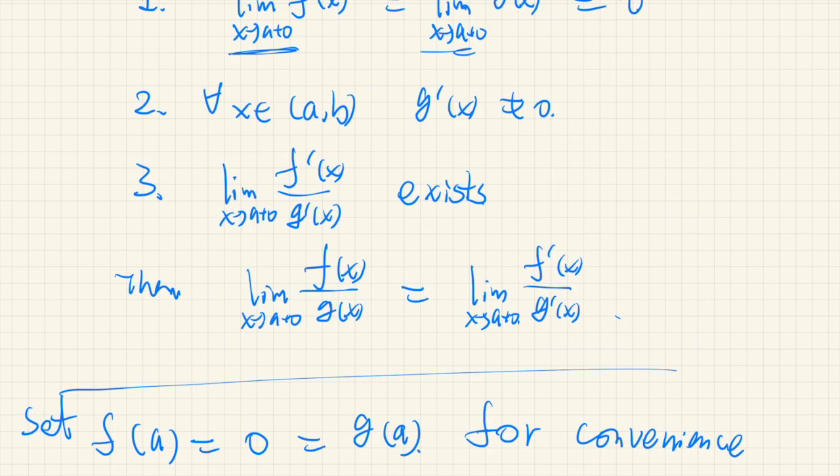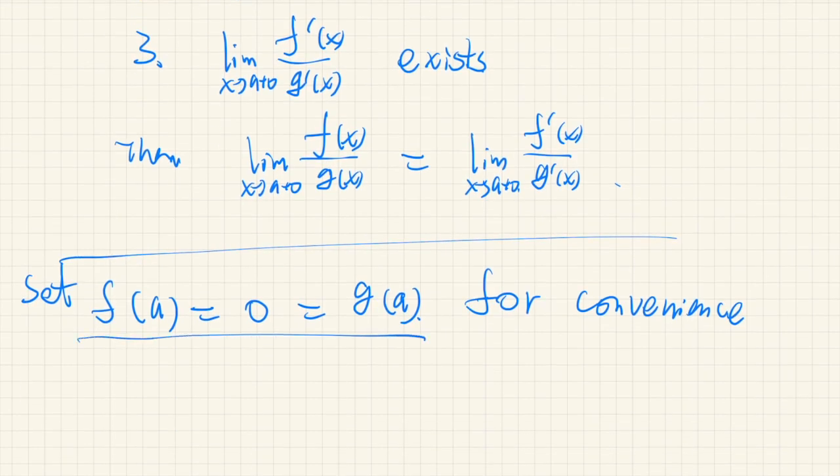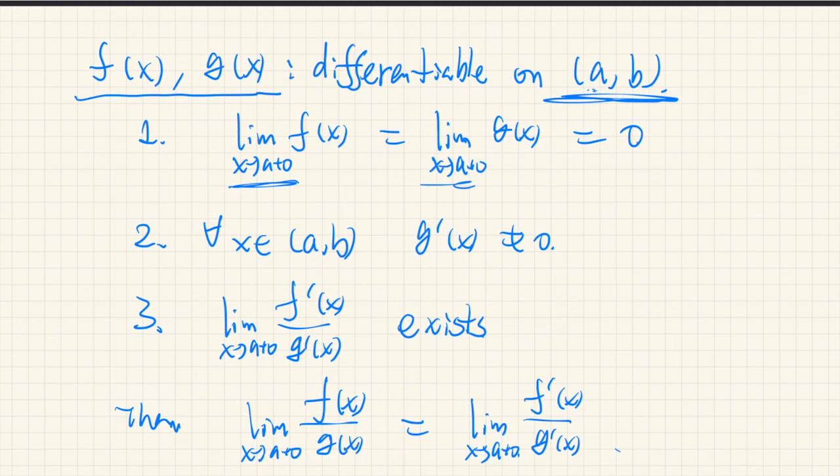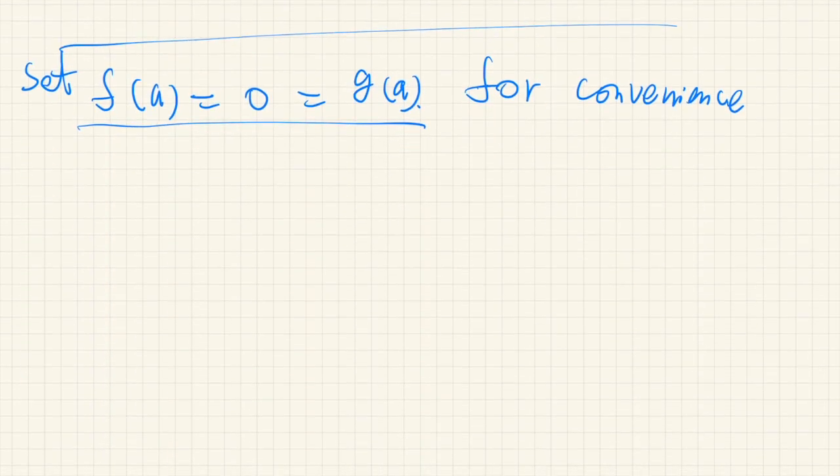So if we define the values of f and g at x equal to a as this, then from the first condition, the right limits are 0. So that means f and g are continuous at x equal to a, right? So that means these functions are continuous on the half-open interval between a and b, including a.